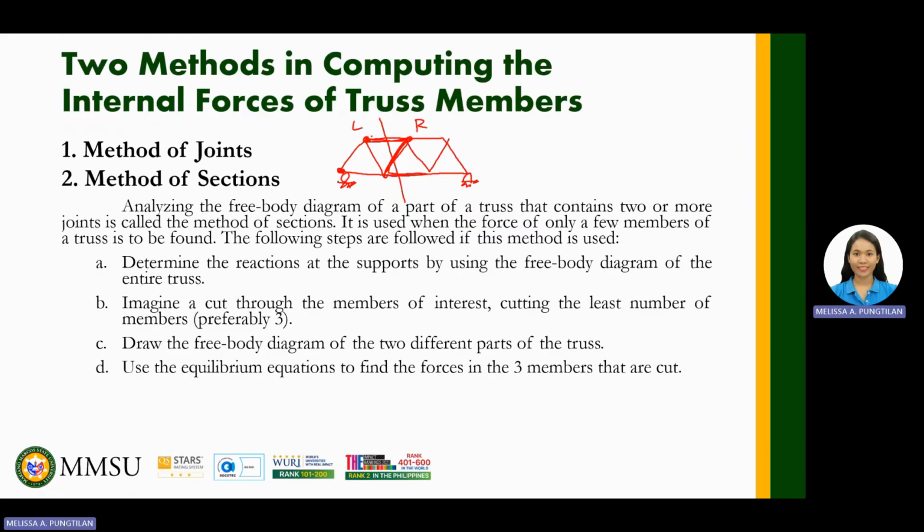For example, in this truss, I will choose the left portion to compute these 3 members. So we set aside the other, and here is the cutting line. Then we assume the direction of the forces.